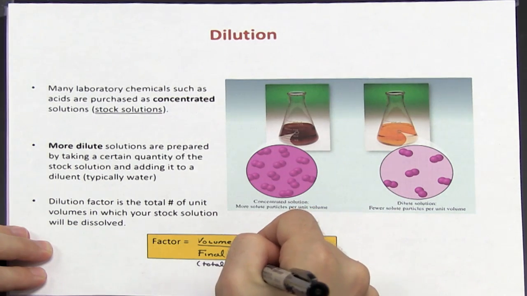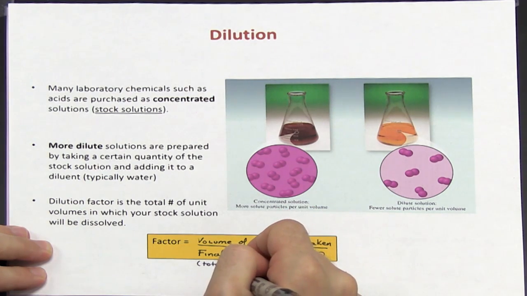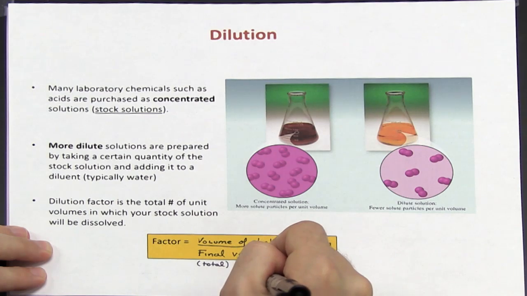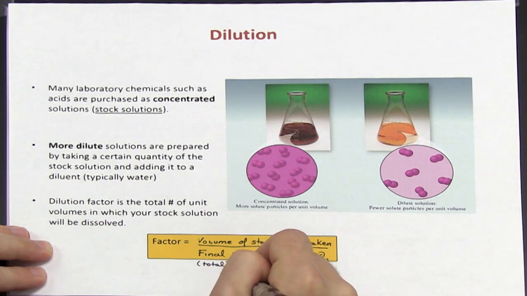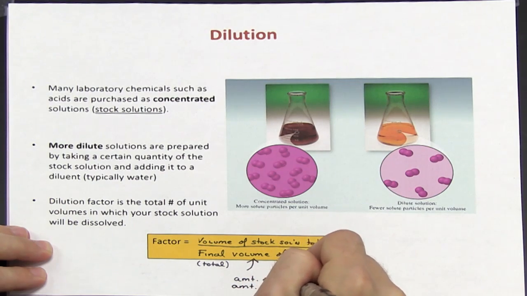Okay. So this final volume is going to include the amount of stock solution that is used, as well as the amount of diluent that is used.